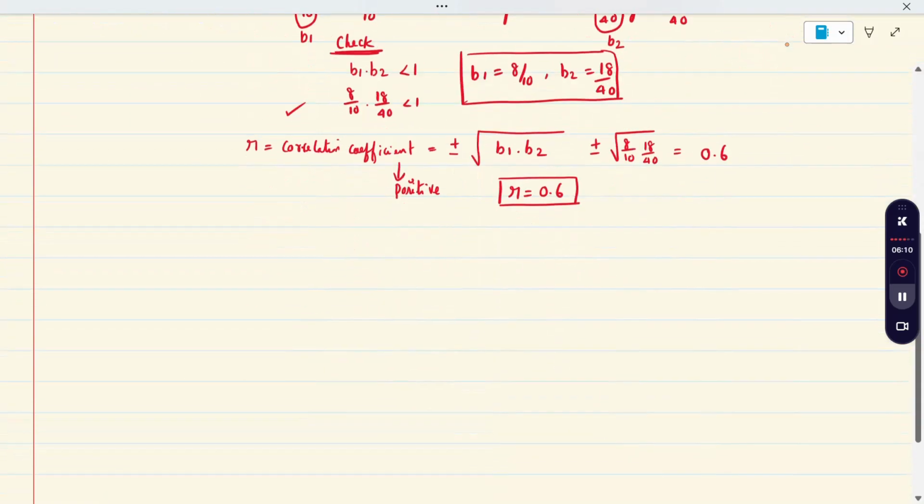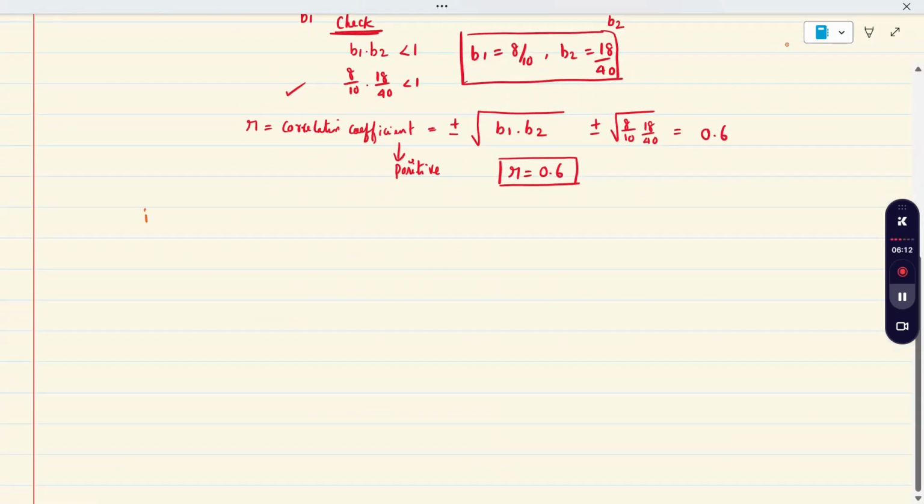So for the first subdivision, I'm going to take both equations as they are. 8x minus 10y plus 66 equal to 0. Another equation is 40x minus 18y minus 214 equal to 0. To solve, I have to make the first equation's x coefficient 40.